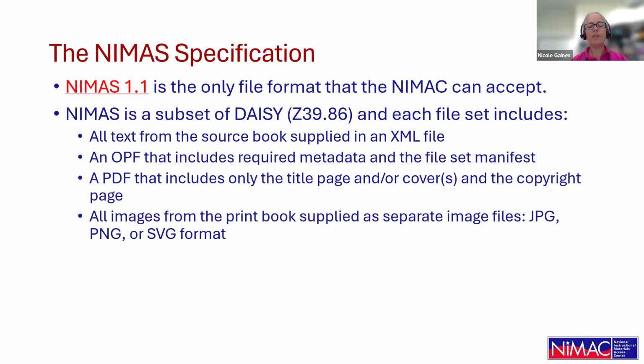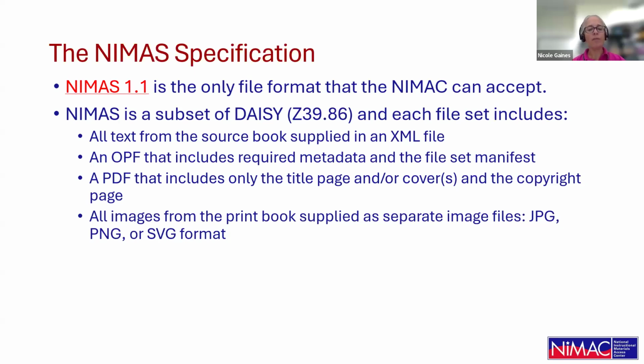Each file set is a little package of parts that are put together to create different accessible formats. All of the text from the source book is supplied in an XML file, one single XML file. There's also an OPF that provides the required metadata and a file set manifest. This is really important in terms of the metadata extraction as well as in the file validation process.